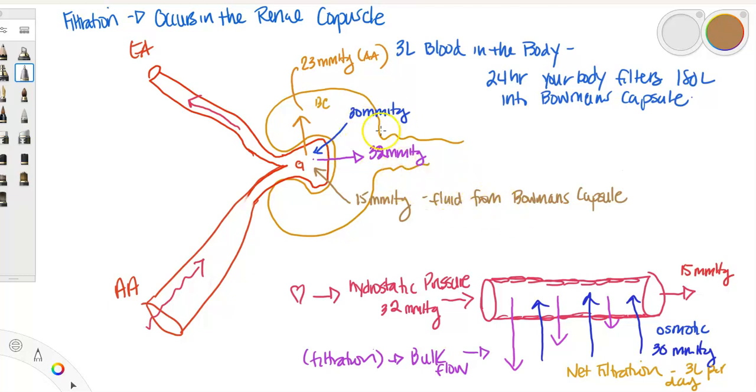So if we sum all of these up, the total pressure ends up net-wise with about 10 millimeters of mercury going into Bowman's capsule.